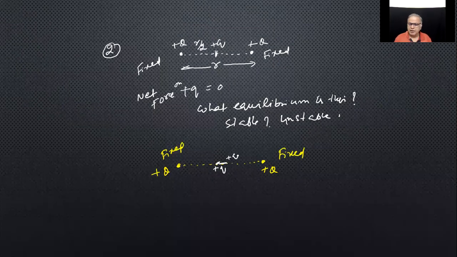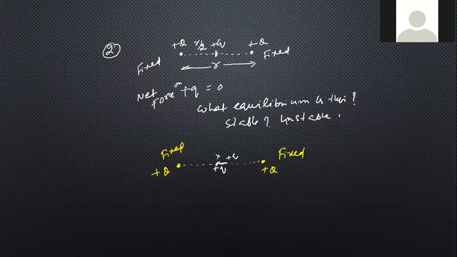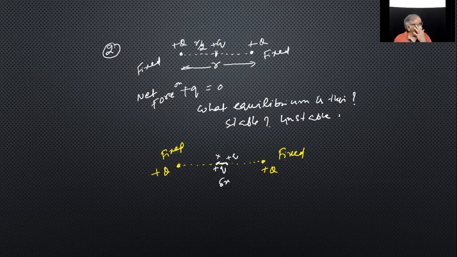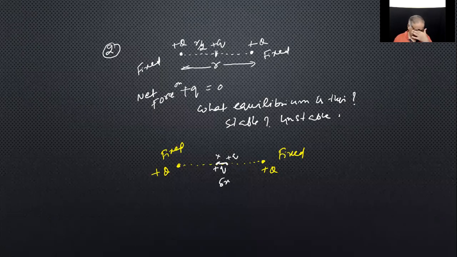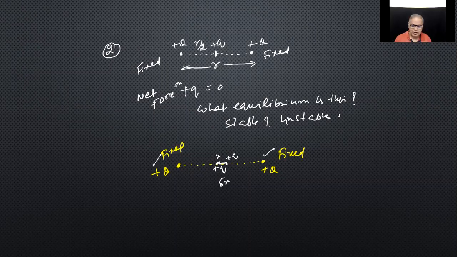What will happen? Can you tell me, anybody? At this position previously, the net force was 0. If I displace it by some delta x sideways like this along the line, will the net force be 0? No, sir. Which force will increase? Force of this will increase, or force of this will increase?